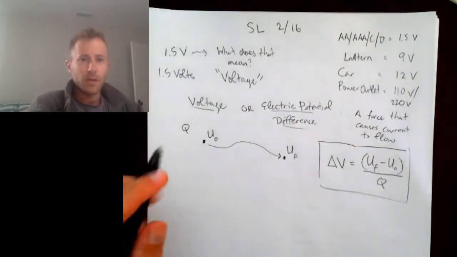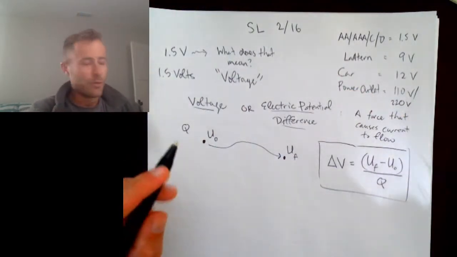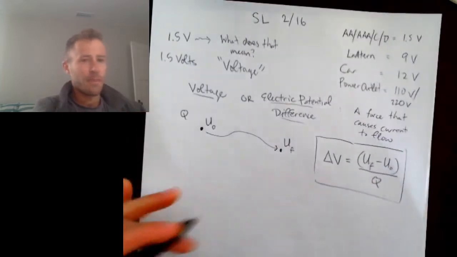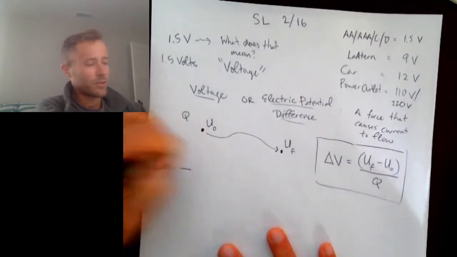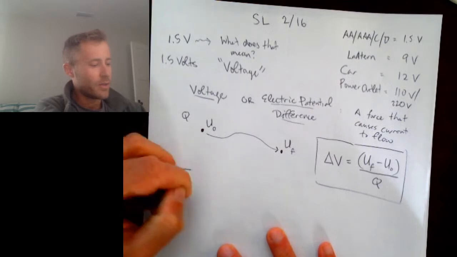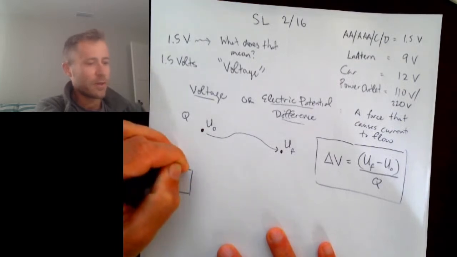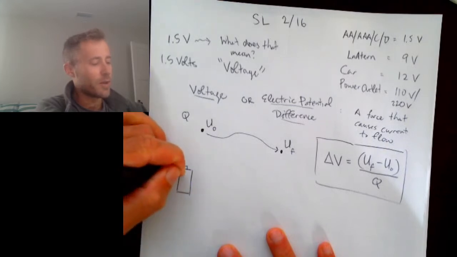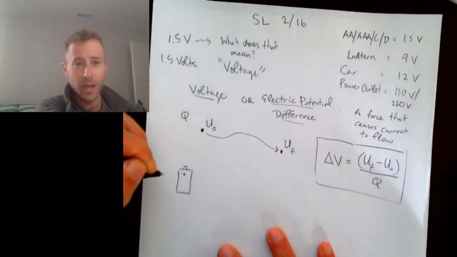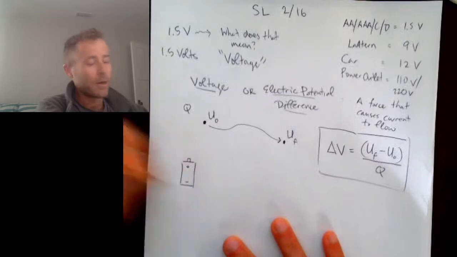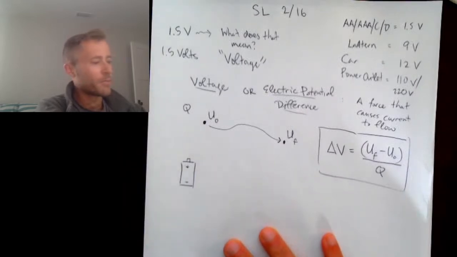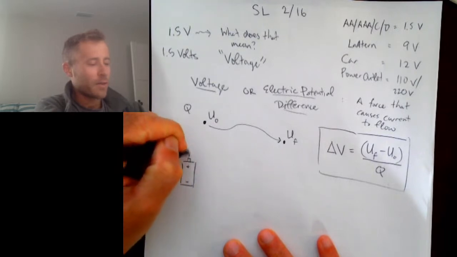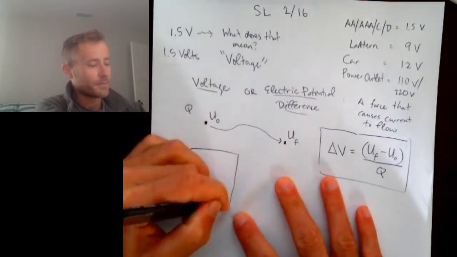So that is how it works. Now, if we think about an electric circuit, let's suppose I have an electric circuit. So here's my AA battery, for example. You guys know that this is the positive terminal of the AA battery. If you don't, you do now. And here's the negative terminal. And then let's say you take a wire and you hook it up.